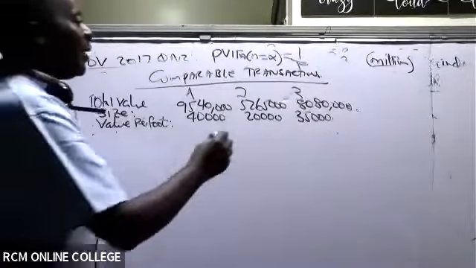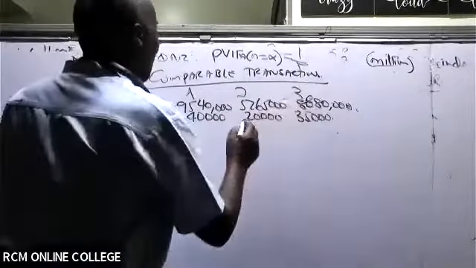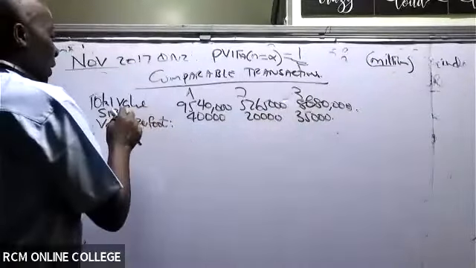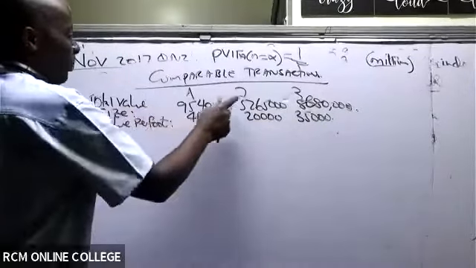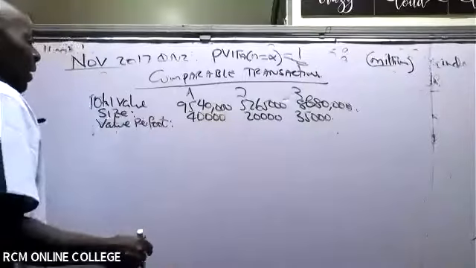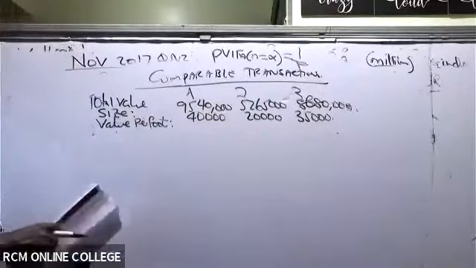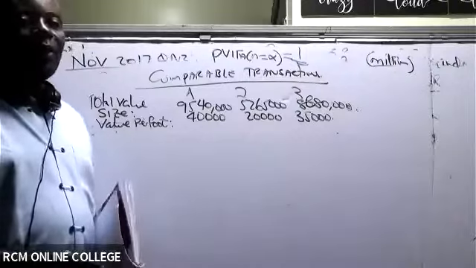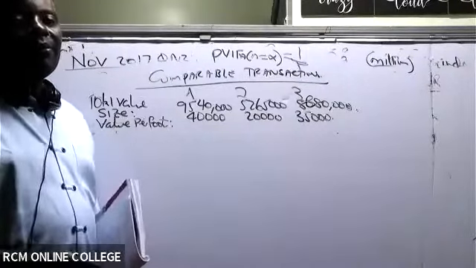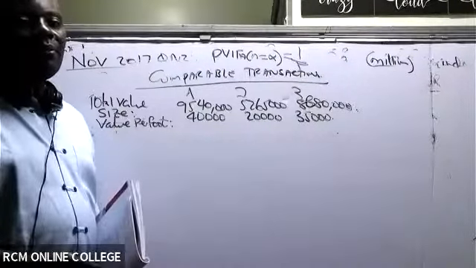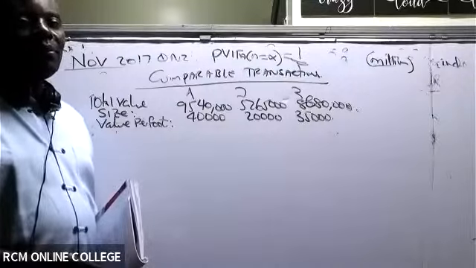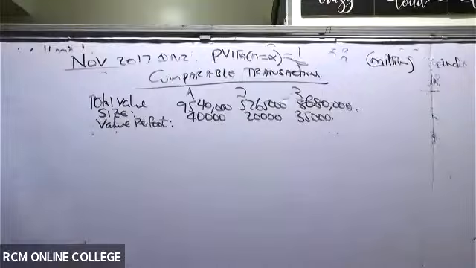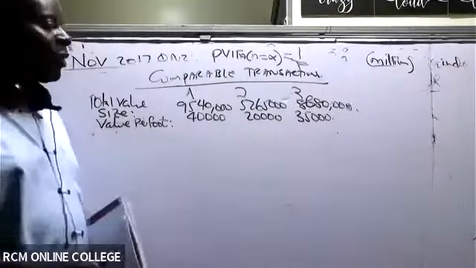88, great. So then come there and write, in this case here, value per foot. So you take the size, so you take this divided by 40,000. Please give me this figure. Value per foot, already we have this. It's just about dividing. So 9,540,000 divided by 40,000.